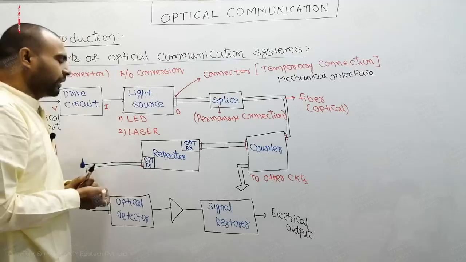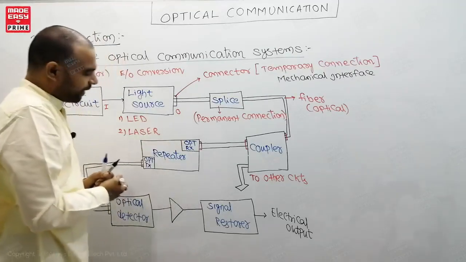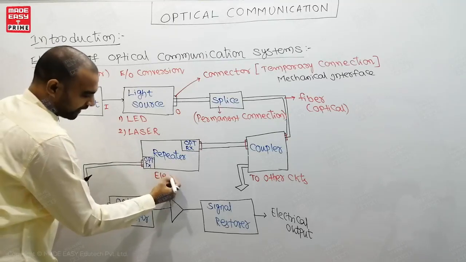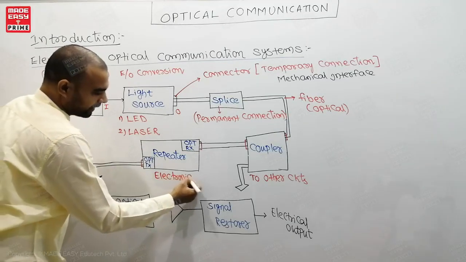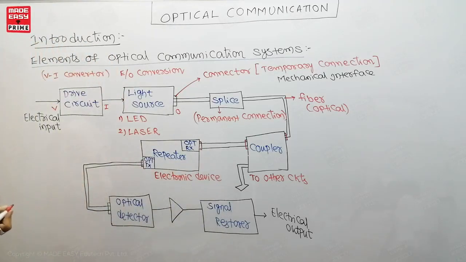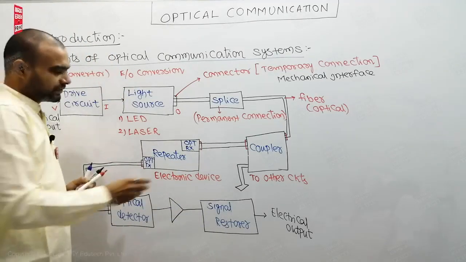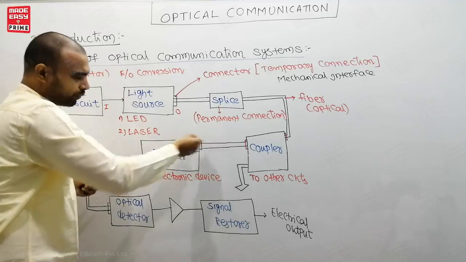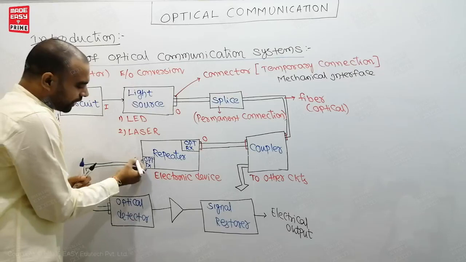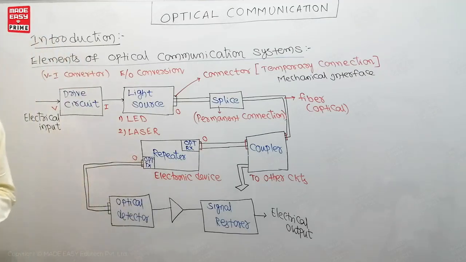Next, we come to the repeater. Your repeater is an electronic device. Therefore, whatever input we get is optical, and the output also needs to be passed into the fiber in the form of optical only.